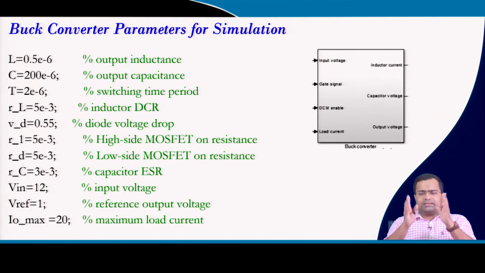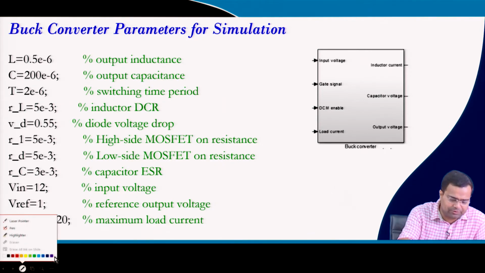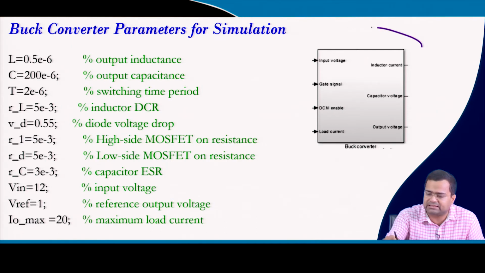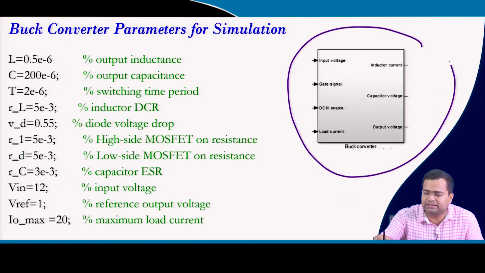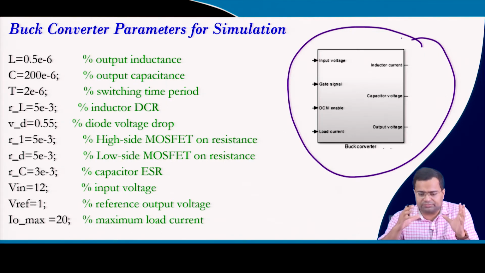I am showing this particular block, which we have shown in the previous lecture, that means how to build this buck converter block, and we will use that block to move further.